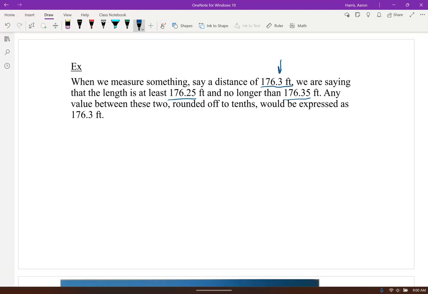Another way to say that is if you're measured to the tenths position, then let me write this down.